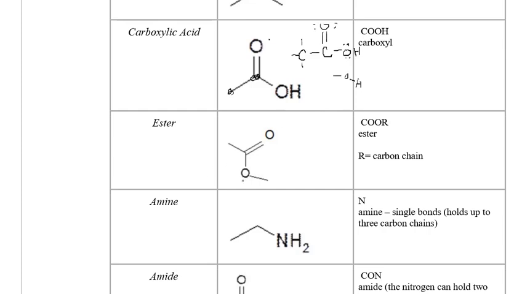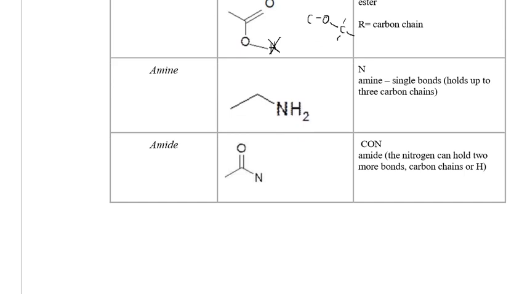In an ester, what we have instead of a hydrogen here, we have another carbon group. So at the end here, I've got a CO, and then instead of there being another H, I've got another organic chain or carbon chain coming off of that. The last 2 sets are amines and amides. These are some of our molecules that contain nitrogen. Amines have nitrogen and it's all single bonded.